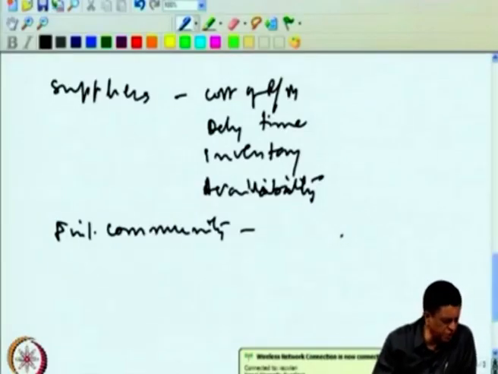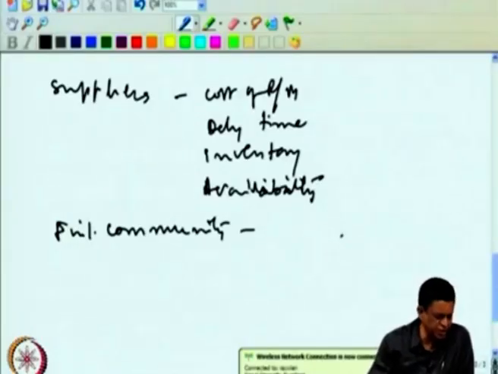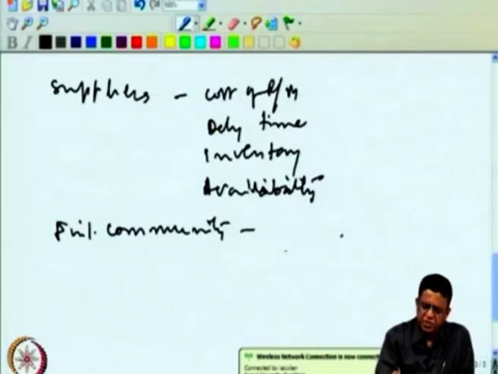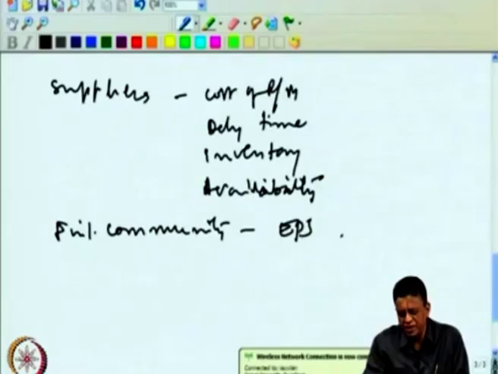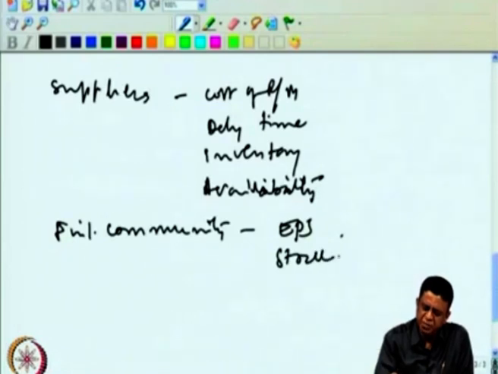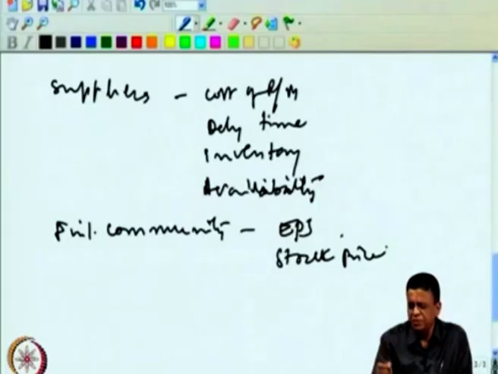Everyone comes under this financial community. They are concerned in the near term measures with respect to the EPS, the earnings per share. Then how is your stock performing in the marketplace, that is the stock price, is it going up or coming down, all those types of things.